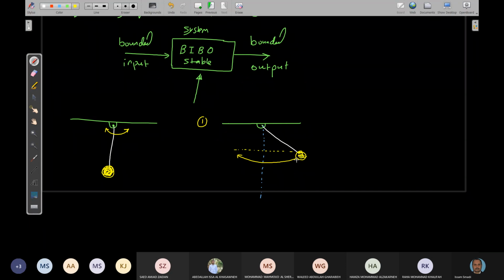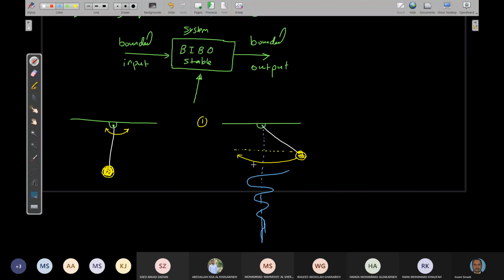Yes, we have the drag force from the air. So what will happen here? Simply, if I visualize the motion of the ball, it will be something like this. Correct? Until it is settled down at the zero position. Correct?